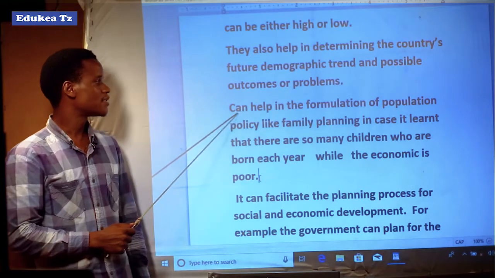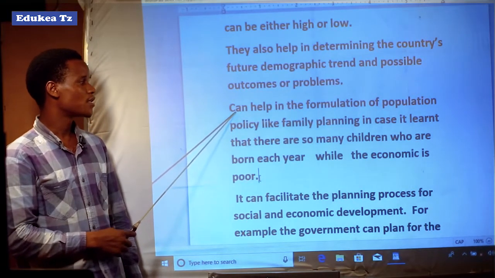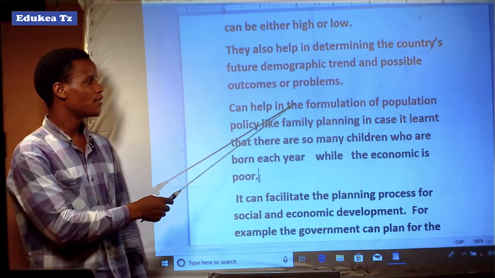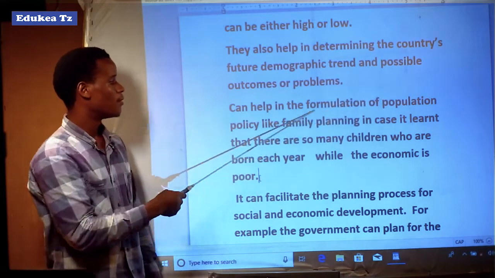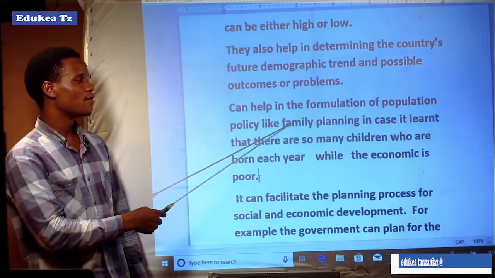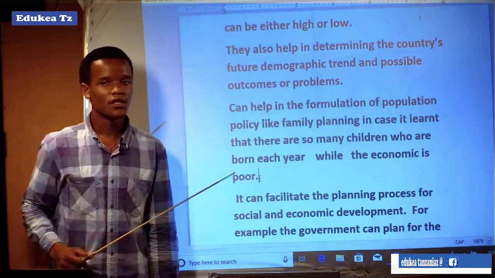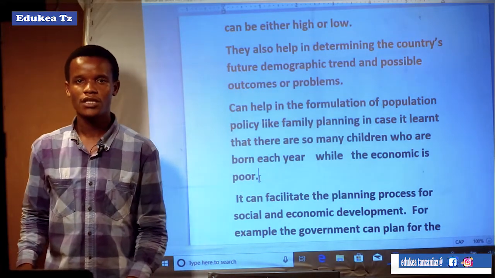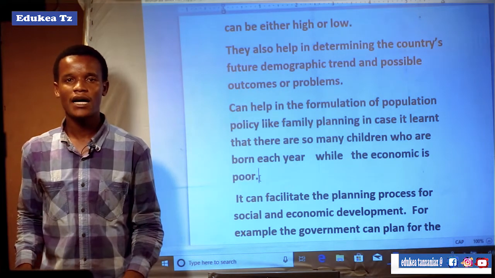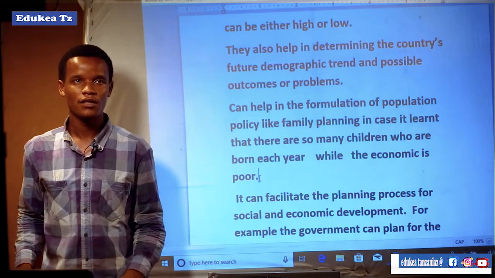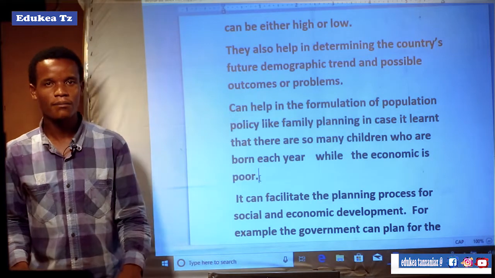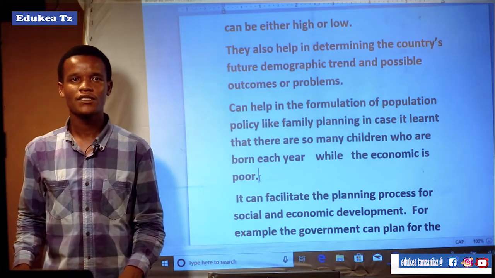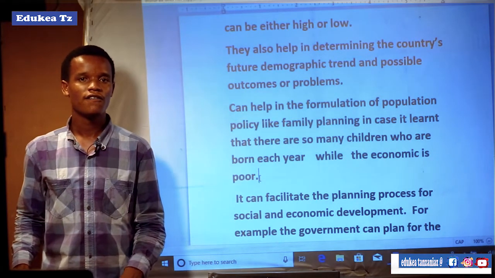Another importance of population structure is that it can help in the formation of population policies like family planning. It is through the presence of population structure that the government is able to plan the family.